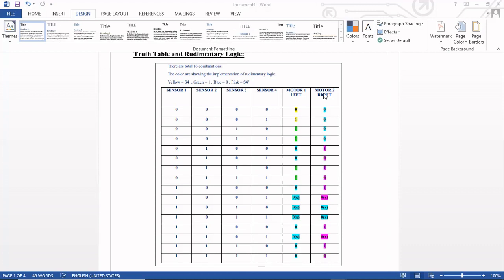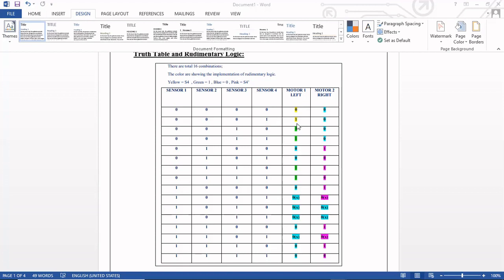Now let's come to rudimentary logic and the outputs of the motors. So there are four sensors: sensor 1, sensor 2, sensor 3, sensor 4, motor 1, which is the left motor, and motor 2, which is the right motor. So when the fourth sensor, which is the top right sensor, gives us logic one, which means that it is on, then the left motor should be on.